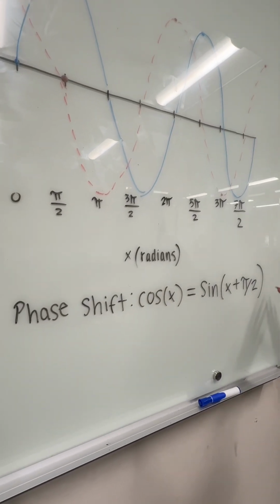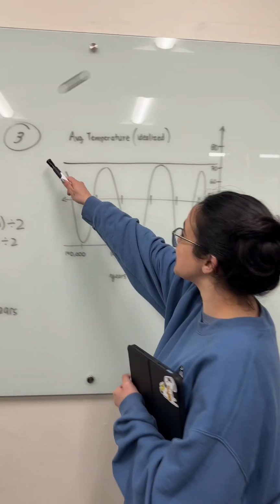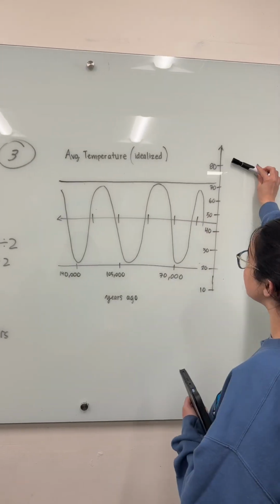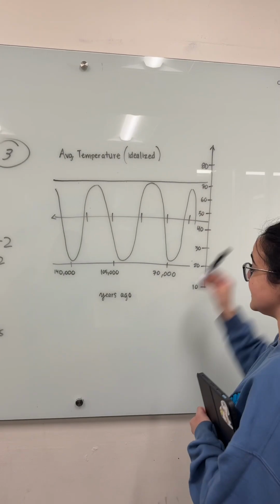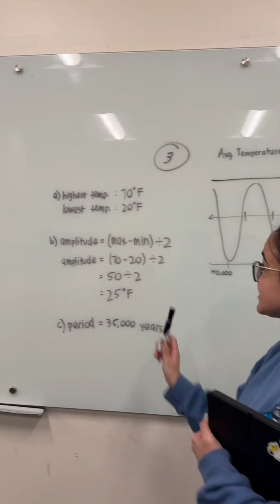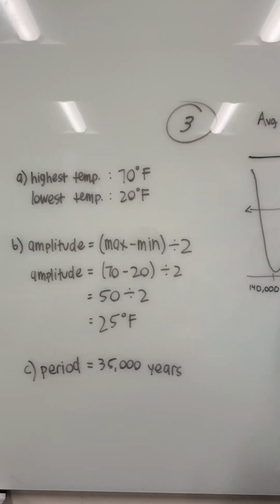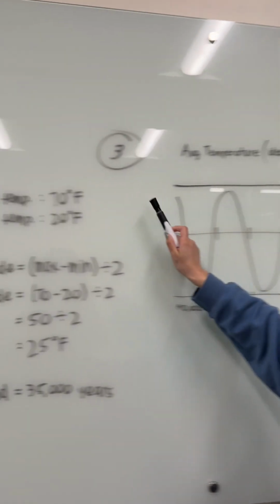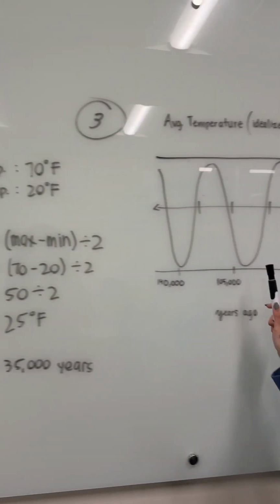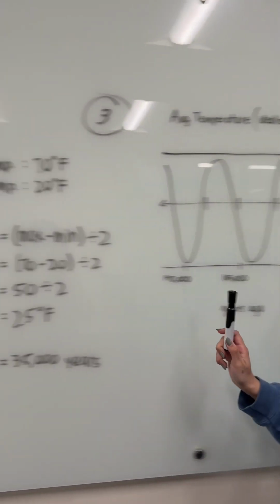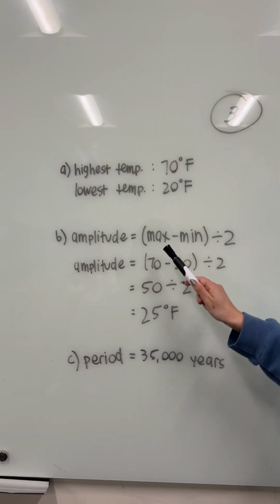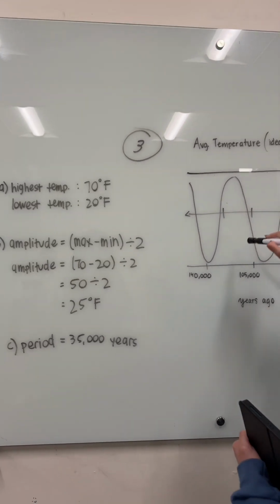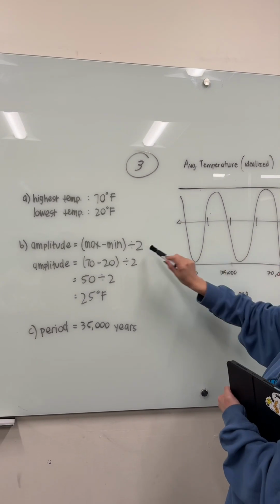plus pi over 2. This is question 3, and it gives us a graph of average temperature over an idealized period of time. It asks for the highest temperature, which from the graph is around 70 degrees Fahrenheit. The lowest temperature is around 20 degrees Fahrenheit. It asks for the amplitude, which is the maximum temperature minus the lowest temperature divided by 2.